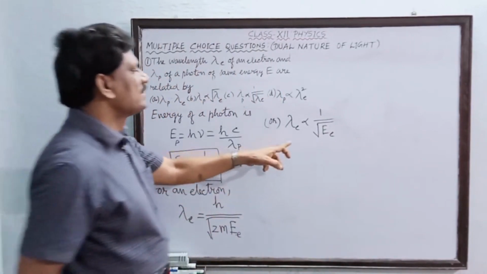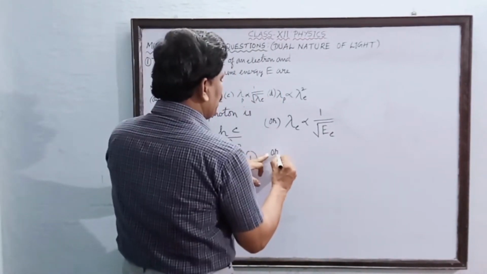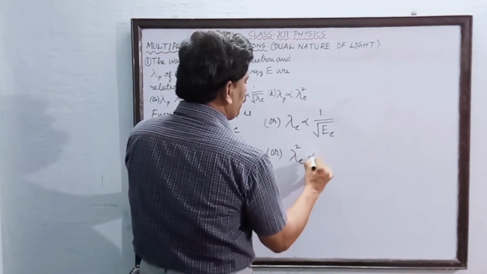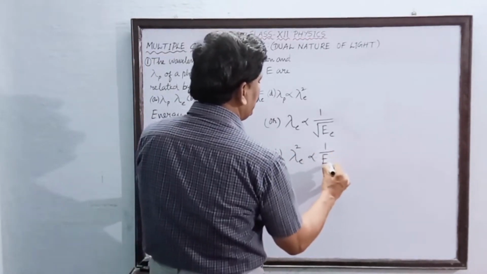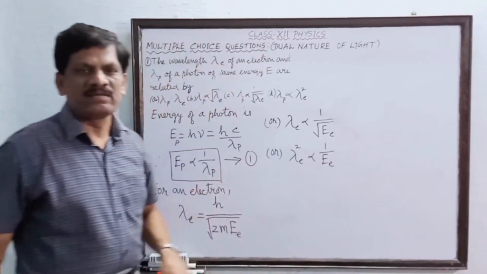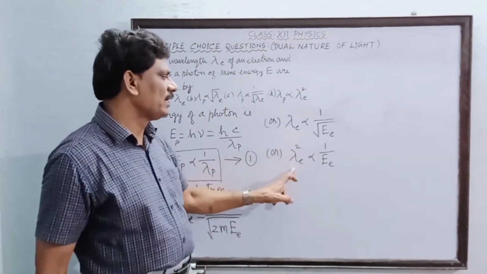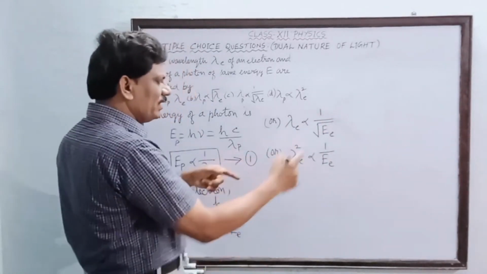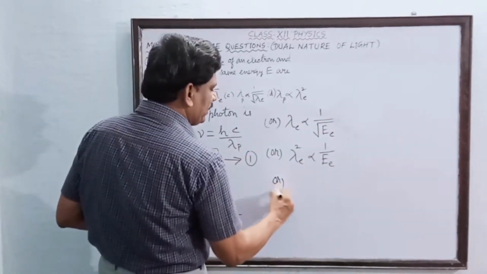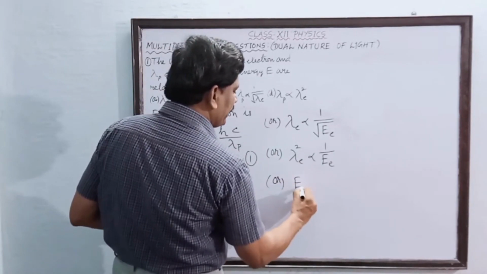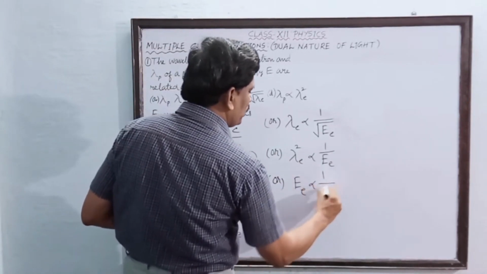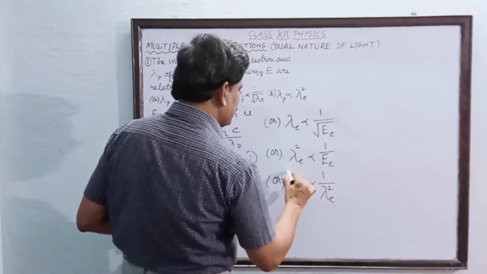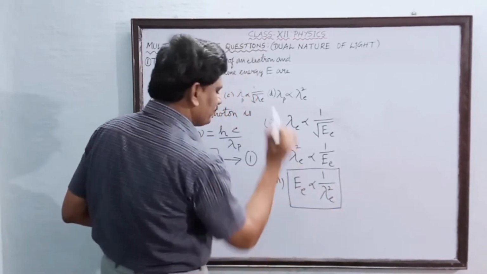From this I can write lambda e square is proportional to 1 by E suffix e. I have squared on both sides. I am again rewriting this as energy of the electron is proportional to 1 by lambda e square. So this is the expression.